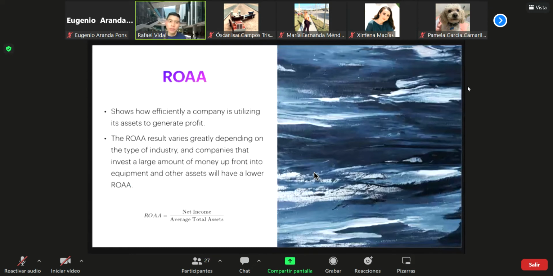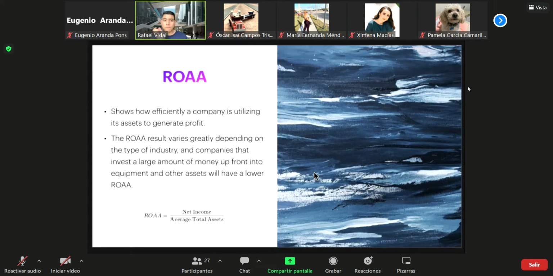These are some of the ratios I'm going to be showing today, and they are pretty common when looking at the balance sheet. The first one is the return on average assets. And remember, when I say average, throughout the whole year we have a lot of variation in our KPIs.